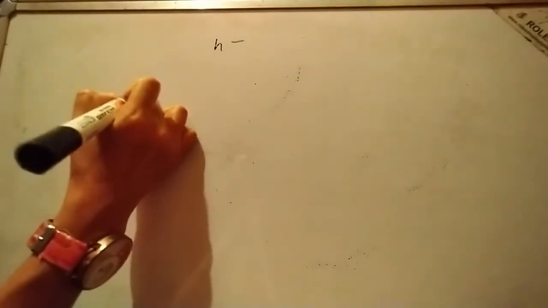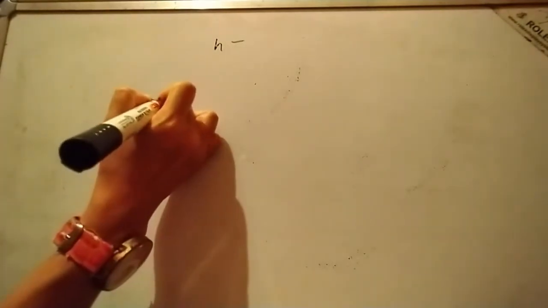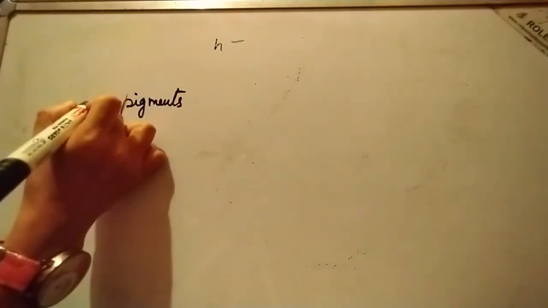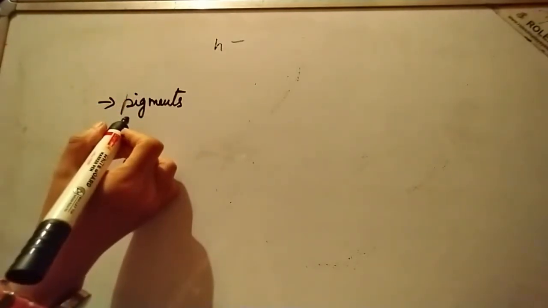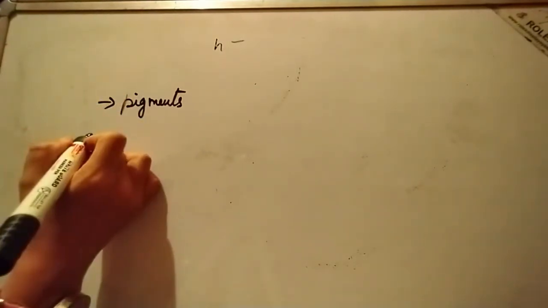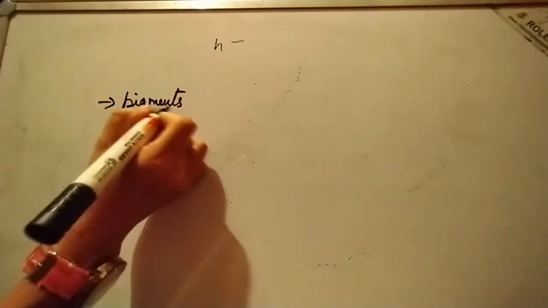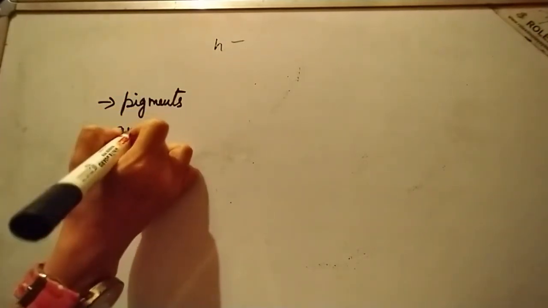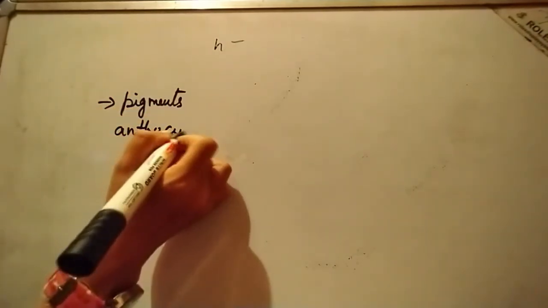Now, what is the importance of these glycosides? Many glycosides usually occur in plants, often as flower and fruit pigments, and a common example of pigments found in plants is anthocyanins.